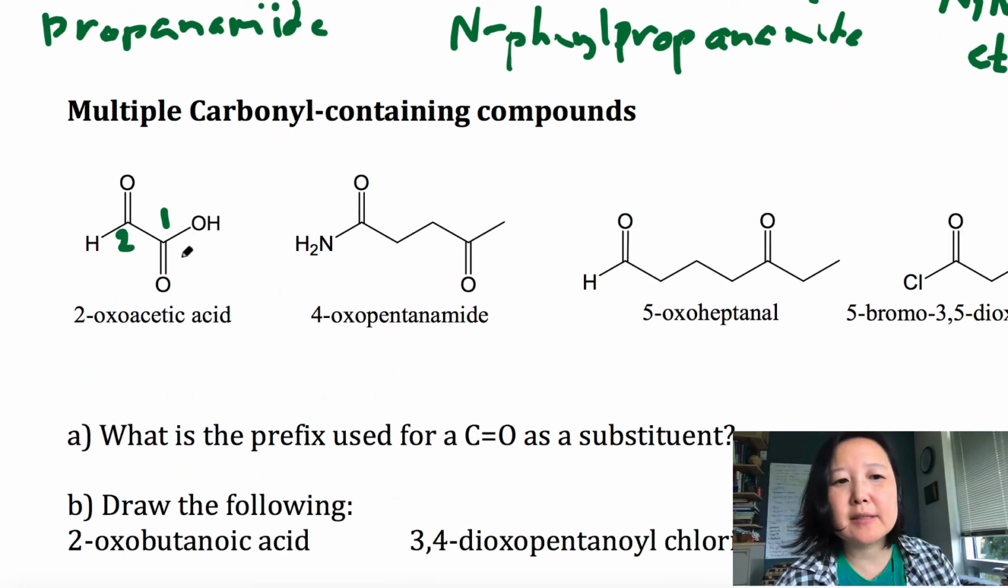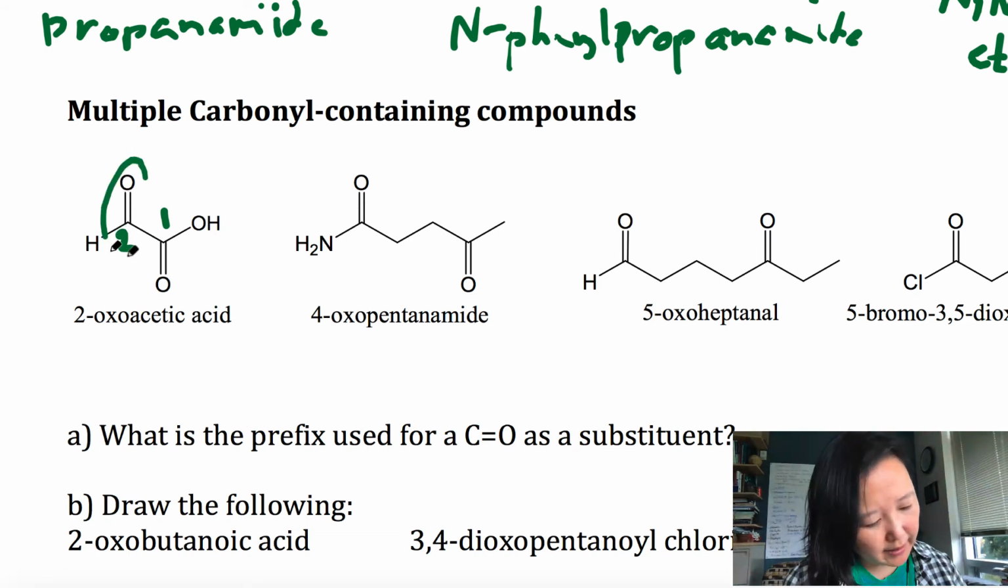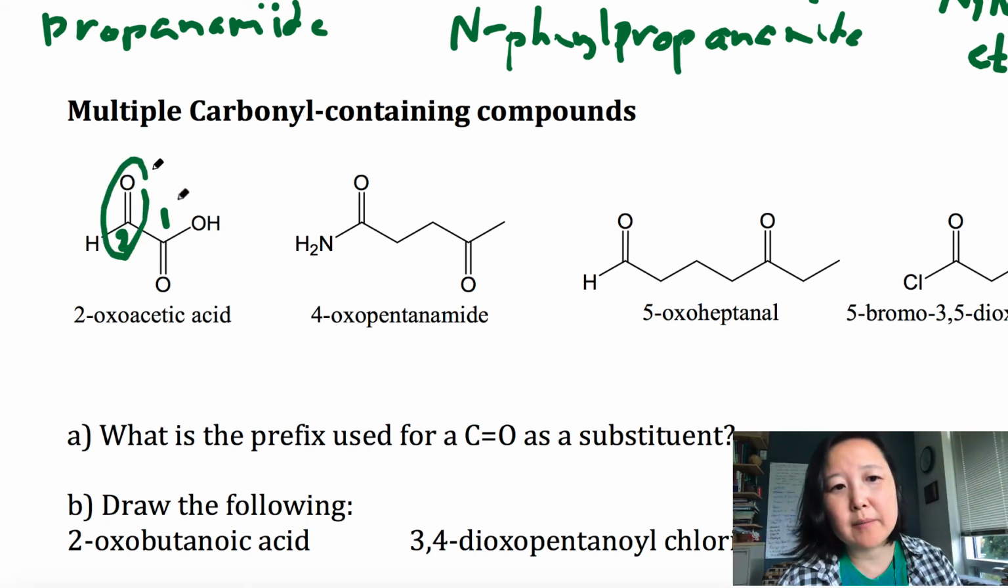So usually that tells me about priority. So I want to treat it like a carboxylic acid, not like an aldehyde. But I will have to name this C double bond O as a group off of that carboxylic acid. So I call it 2-oxo, and then whatever name that would have as a carboxylic acid, which is acetic acid because it's 2 carbons total.